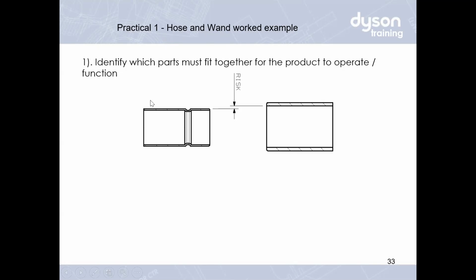Okay. So assume that you are a designer assigned a task to design a hose and a connector. So this connector is going to fit into the hose. So system design. What is system design? In this case, what is the system? The system is the connector that is going to be inserted into this hose.